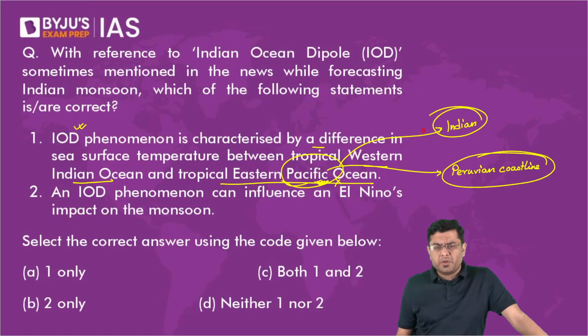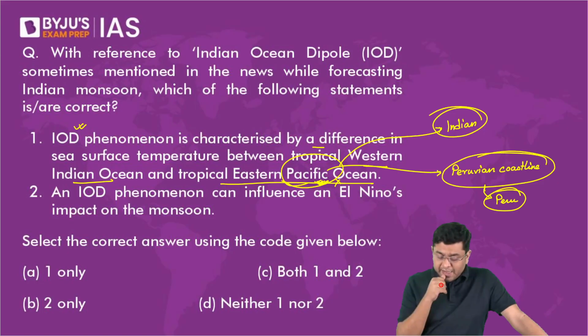Peruvian coastline is not understood? Do you know where Peru is? Peruvian coastline here refers to the coast of Peru. You don't know where Peru is? My dear friend, kindly take a look at the map. Peru is in South America. That is what I had told you to do yesterday.